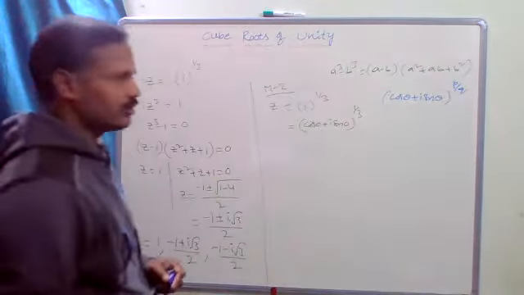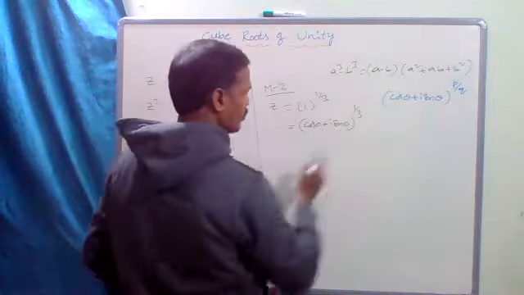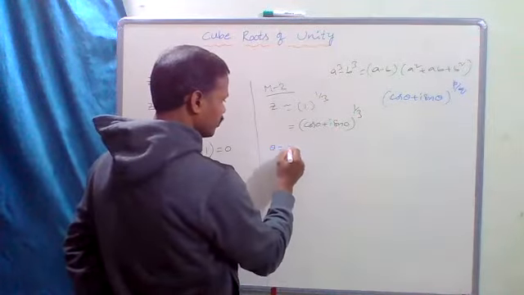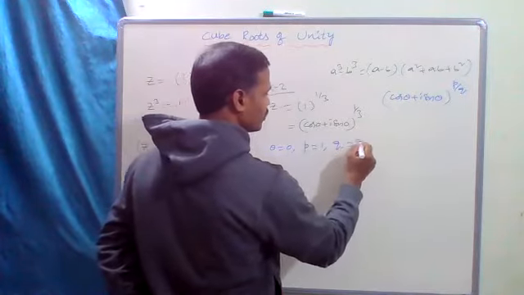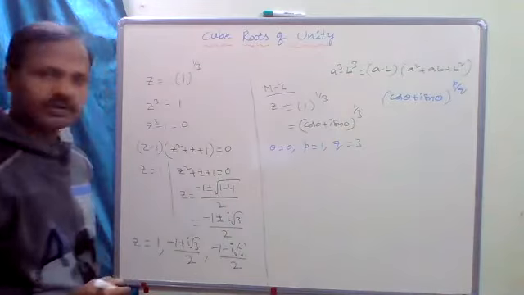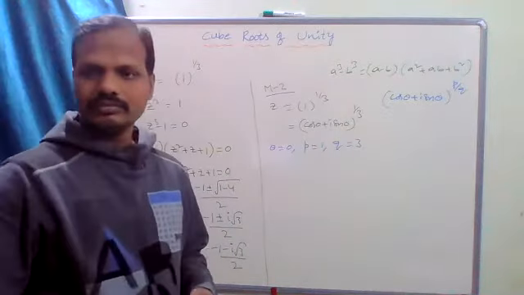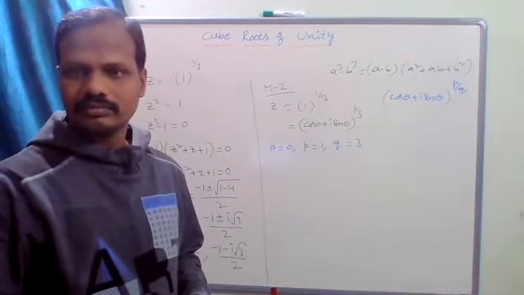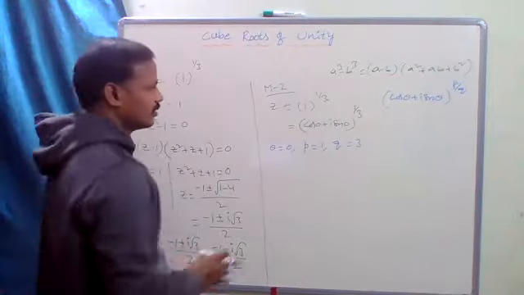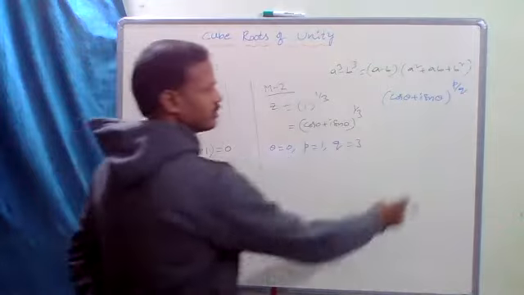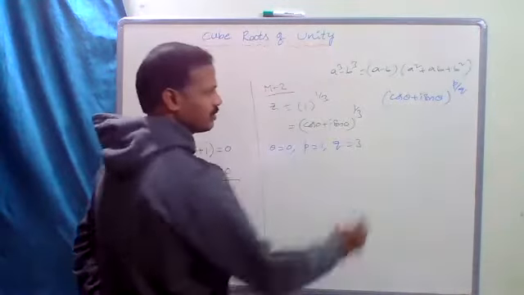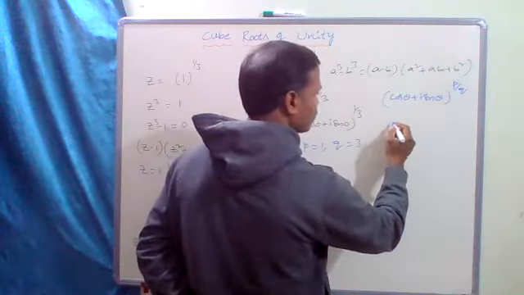Okay, so if you compare this with this one, here theta equals 0, P equals 1, Q equals 3. Now the roots of this one. Yesterday we discussed the roots.